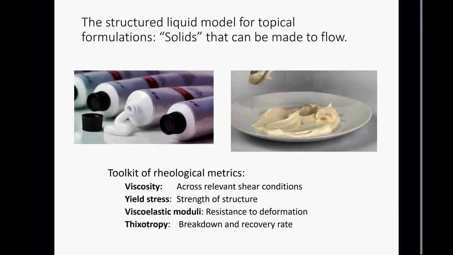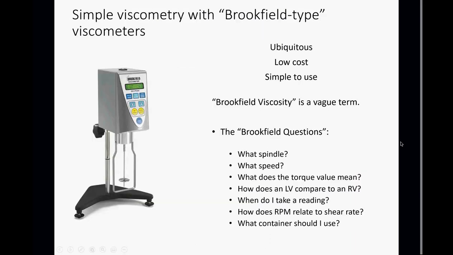But this solid-like behavior, then we have this viscoelastic mass that has a rigidity and a yield stress, strength and rigidity, and it also displays these thixotropic behaviors there, so the rate of breakdown and the rate of recovery after shear. So in order to accurately get a good representation of a material, it's highly necessary to be able to capture these metrics. We're going to start at the top with viscosity.